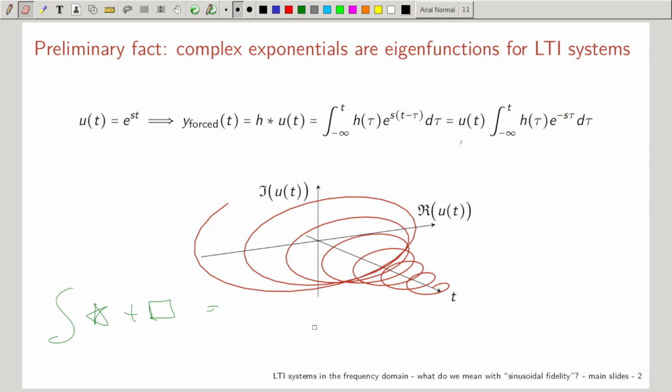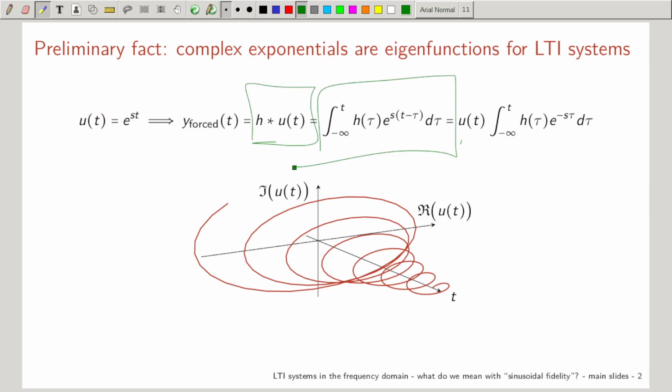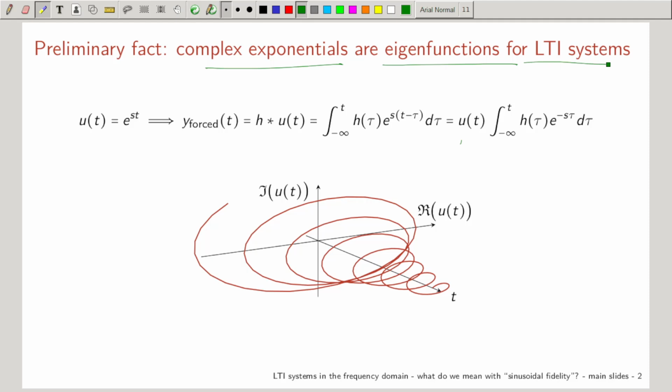And now this is going to be this. I expand this stuff and I take out this one. What can we say? Complex exponentials are eigenfunctions for LTI systems in the sense that I inject e^{st}, I have the convolution, and I get the same e^{st} times something.